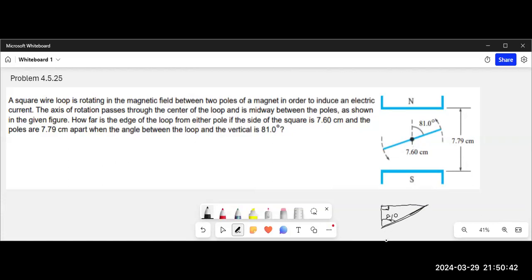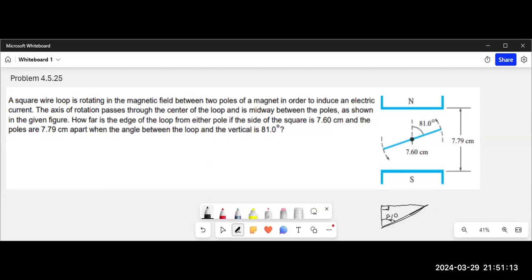So if the wire was 7.60 centimeters, then this hypotenuse here should be half of 7.60, which is 3.80.